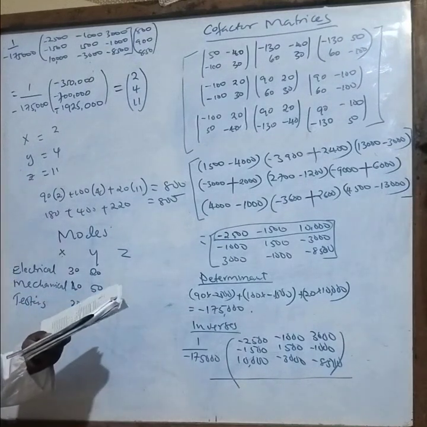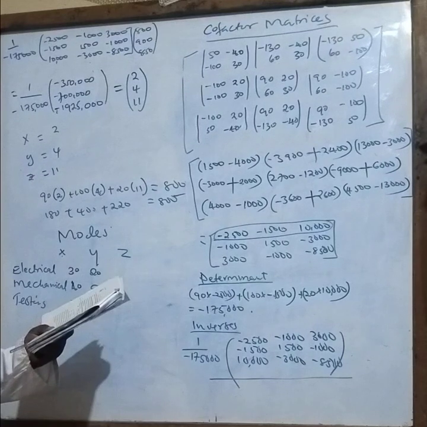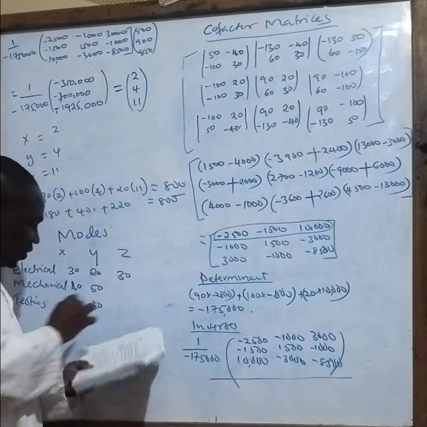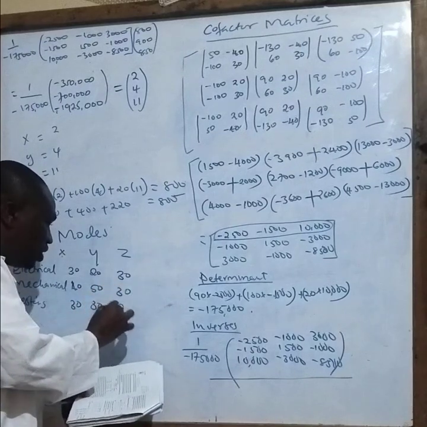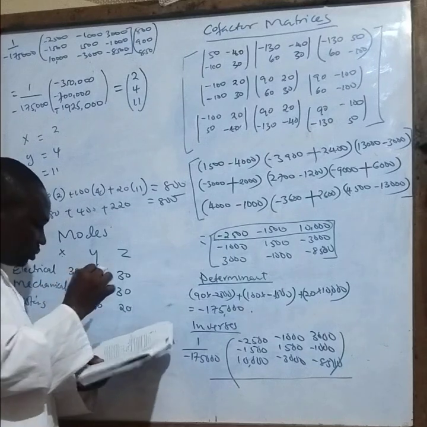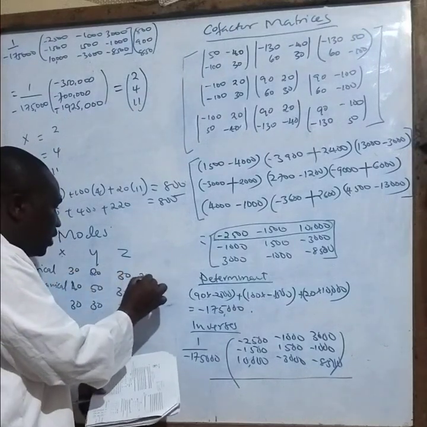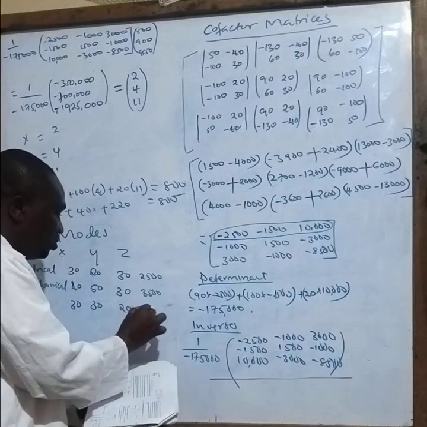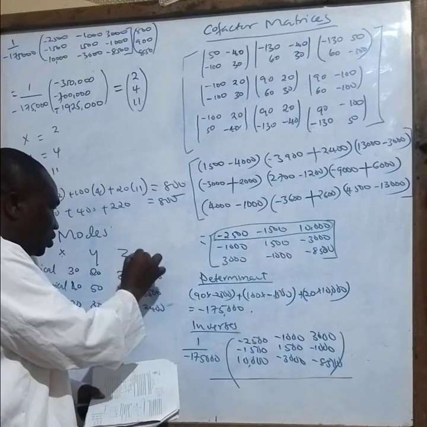Then the Z one wants you to say it is 30 minutes for that, then 30 minutes there, and 20 minutes there. Then the totals given there are 2500, 3500, and 2400. This is total.